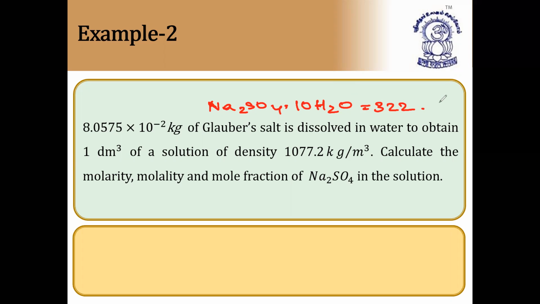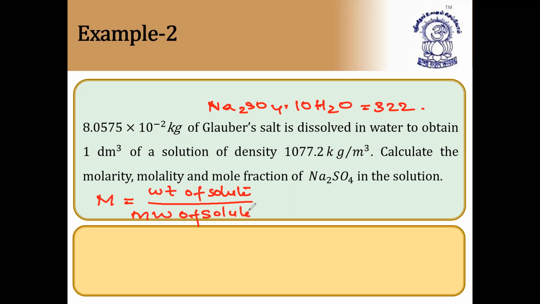So here also they have given the weight of solute dissolved in water to obtain 1 decimeter cube of volume, density is given, and calculate molarity. So you can use the formula: molarity M is equal to weight of solute by molecular weight of solute into 1 by V, because volume is given in liters.